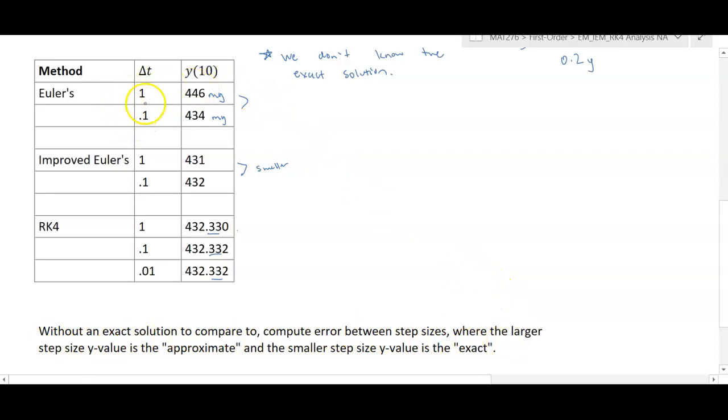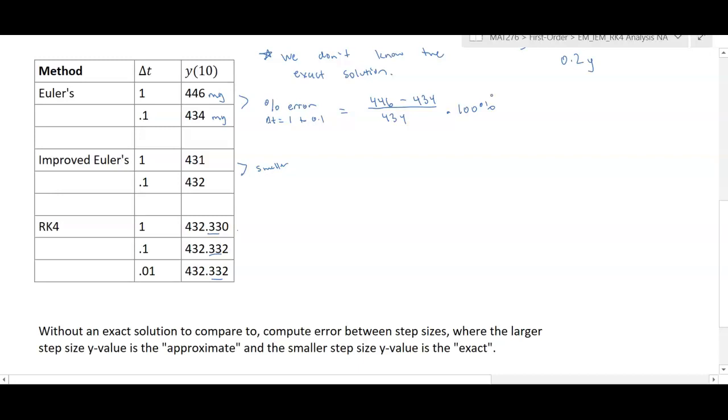So if I think about this situation here, and I did an error analysis, and I'll just say from delta t equals 1 to 0.1, the way I would compute this is I would take, well, again, we're going to treat the exact as being the one with the smaller step size, right? Because that's a better estimate. We know that. The approximate in this case would be 446 minus 434, and then multiply that by 100%.